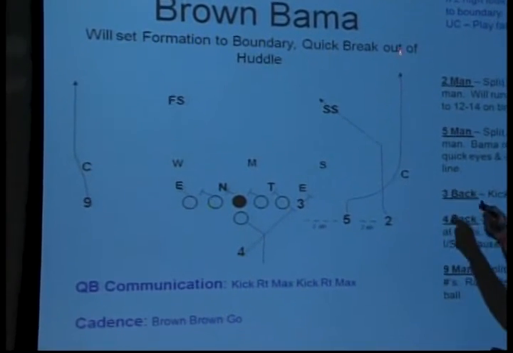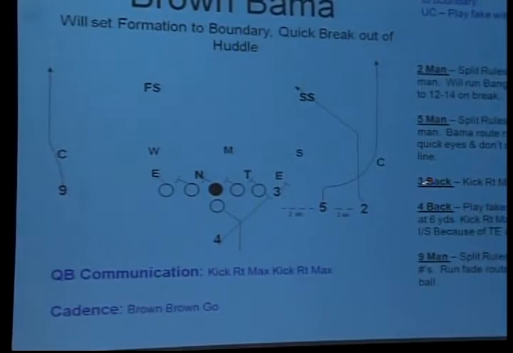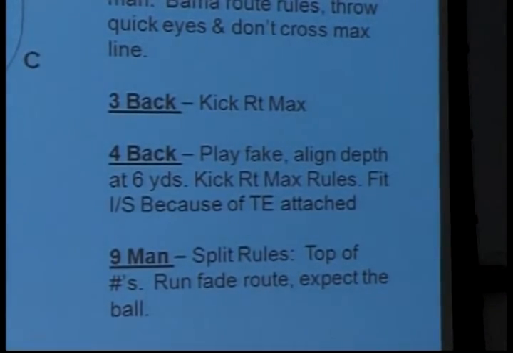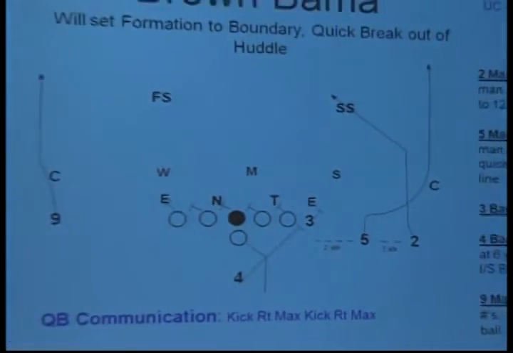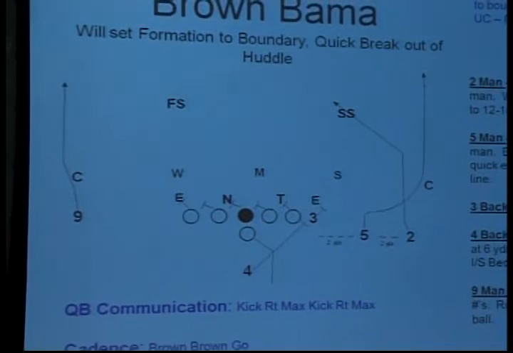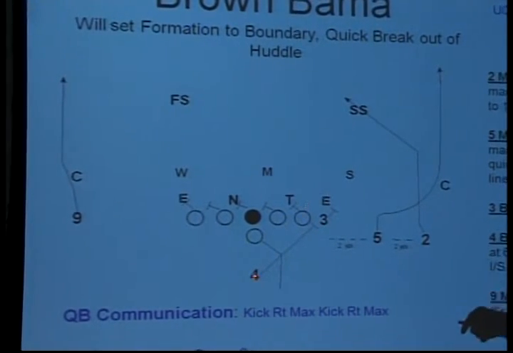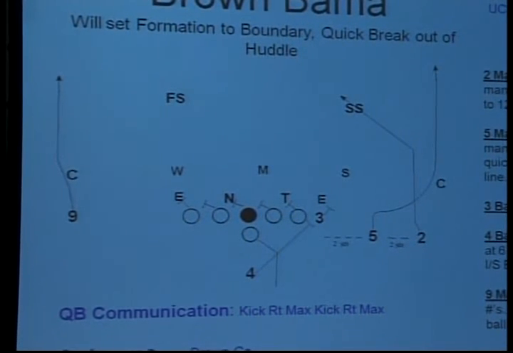Help the quarterback help you out in that regard. 3-back and 4-back are working kick max protection. The difference is the 4-back is going to carry a quick show of elbows, as if we're flash faking. Then your job, the tight end is going to fit outside. Your job is to make it right, fitting inside, because the tight end is attached.